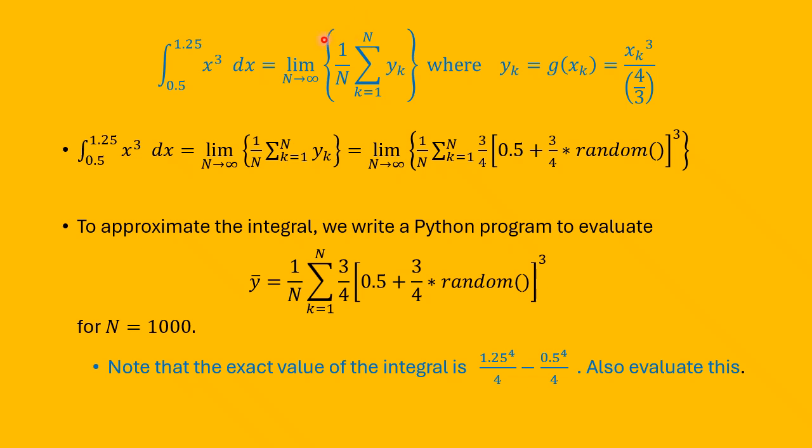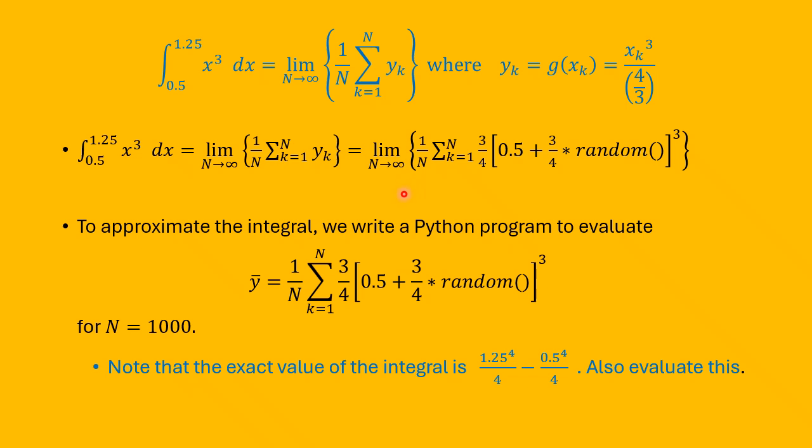So basically, by the law of large numbers, we have this integral is equal to the limit as n goes to infinity of this type of sum. And we've already seen then that we can write that integral as this, but the y sub k's are this, with the 3/4 out here, due to the uniform distribution from 0.5 to 1.25.